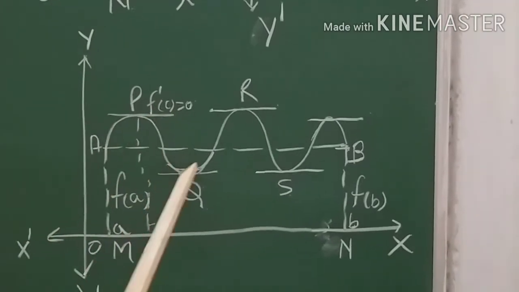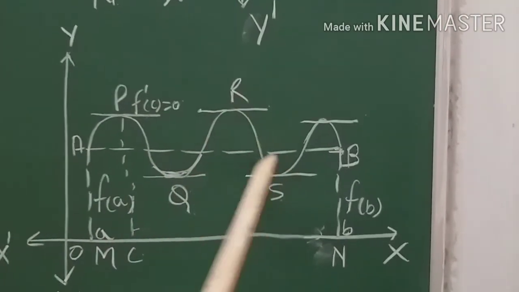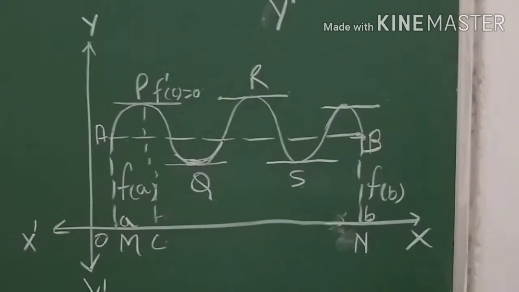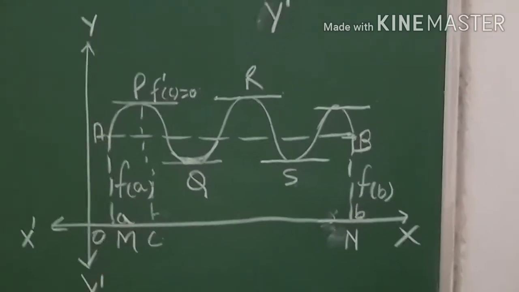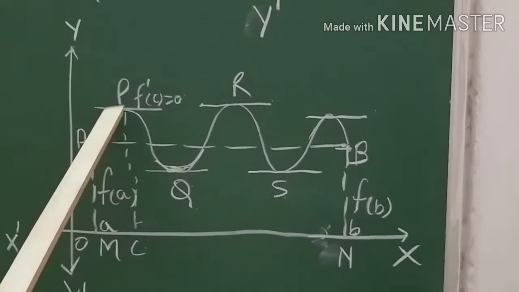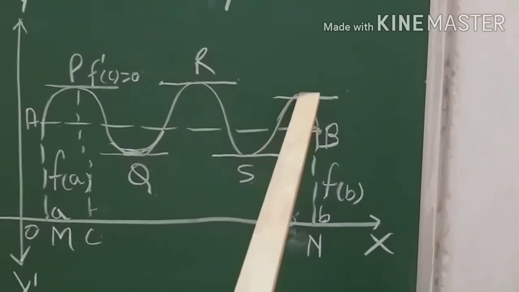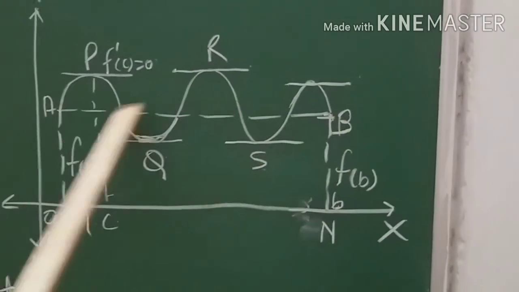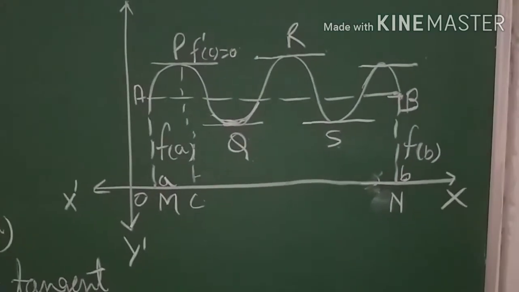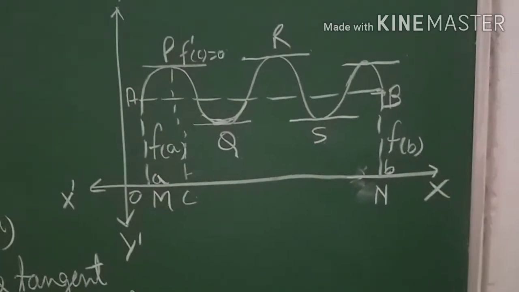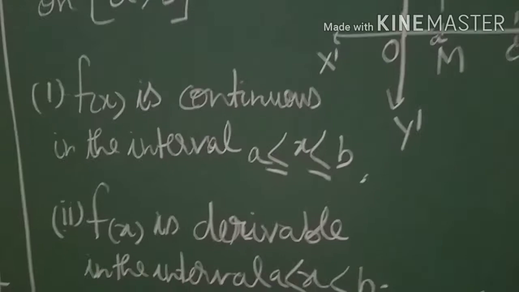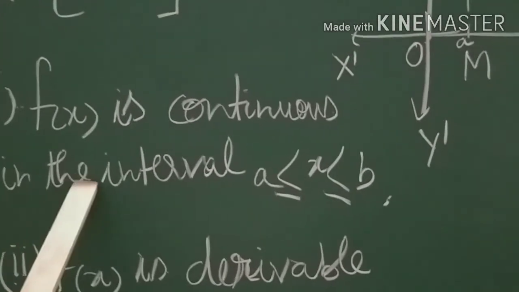This is a function f(x) defined from a to b, closed interval, and there is no break from a to b, which means the function is continuous from a to b. So the first condition is satisfied.